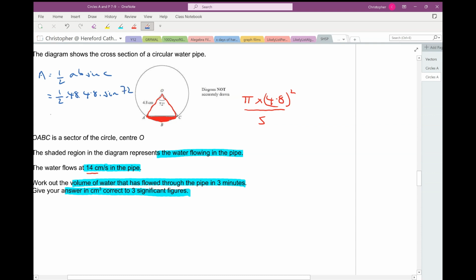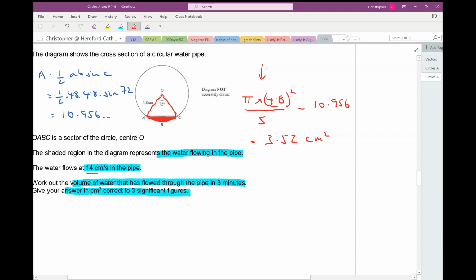So I can put that in my calculator and work out that the area of the triangle is 10.956, and so on. So the area of the water is the area of the sector of the circle here minus 10.956. So the cross-sectional area of the water there is 3.52 square centimetres.